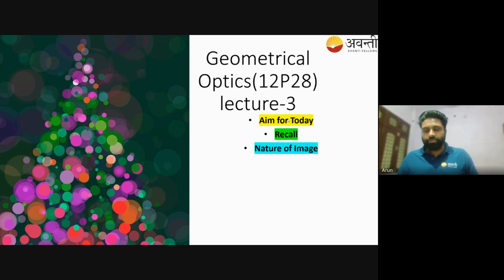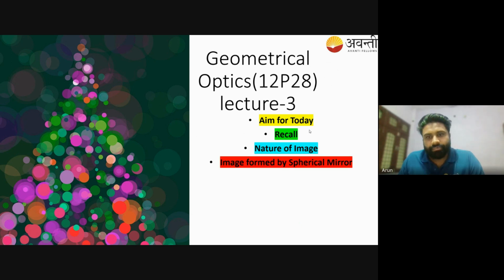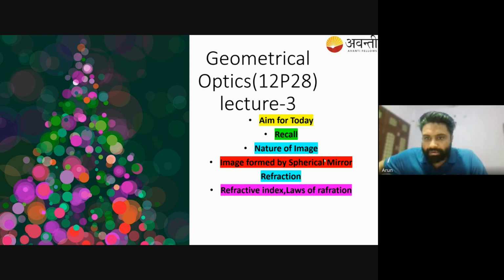Yeah. So firstly, we are going to do the recall. Then we are going to discuss the nature of image. Then we have to do image formed by spherical mirror. Okay. Then refraction, refractive index and laws of refraction. This refractive index term is related to refraction. Okay.